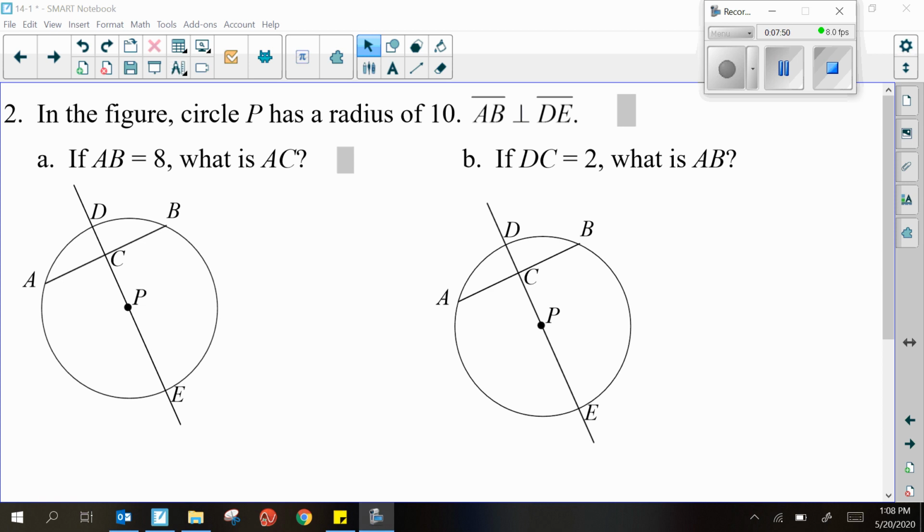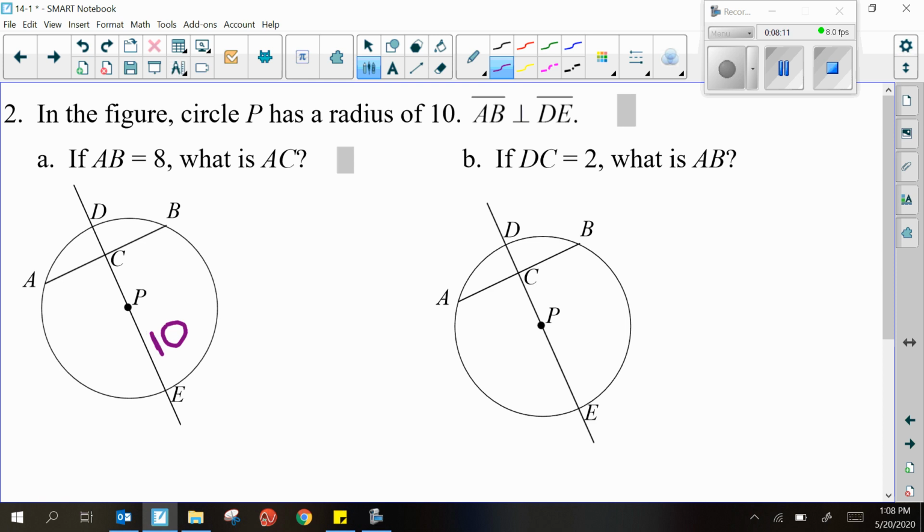Next, in the figure, circle P has a radius of 10. AB is a segment that is perpendicular to DE. All right, so we have a radius of 10, so that means this is 10 right here. And we have AB is 8.